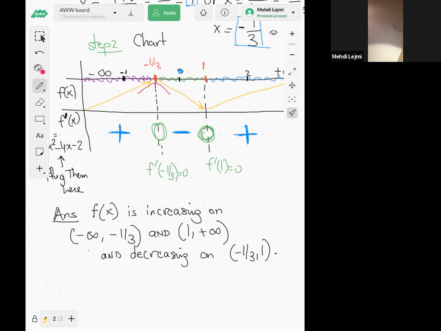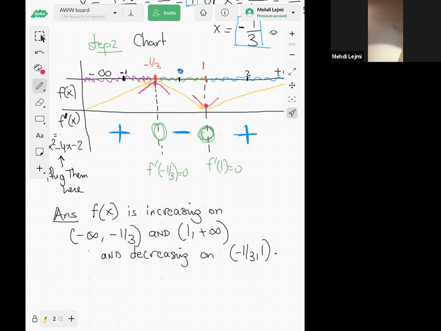So this is negative 1/3, because it's increasing here and then it's going to decrease after negative 1/3. So negative 1/3 is going to be a local maximum. Now for positive 1, you can see the function is decreasing and then it's going to increase at positive 1. So this positive 1 would be a local minimum.